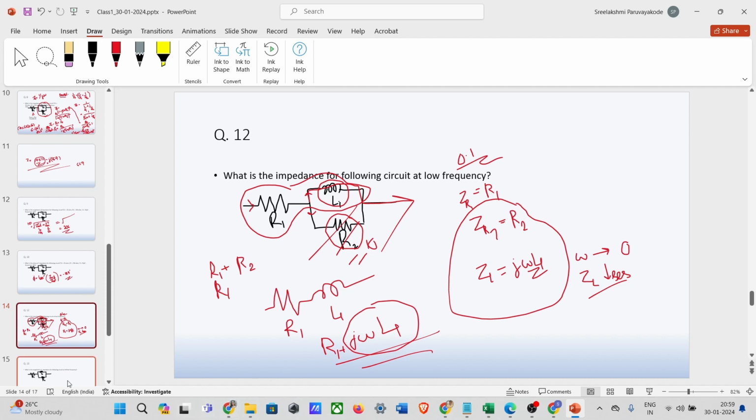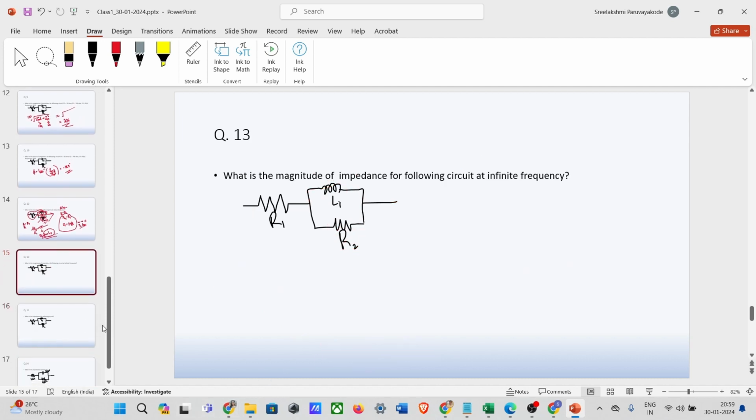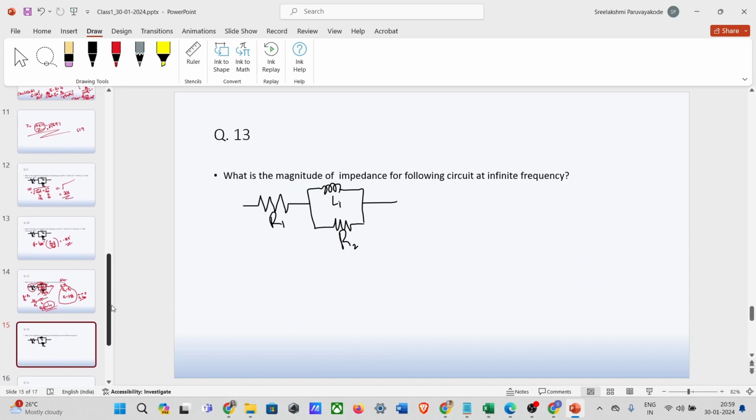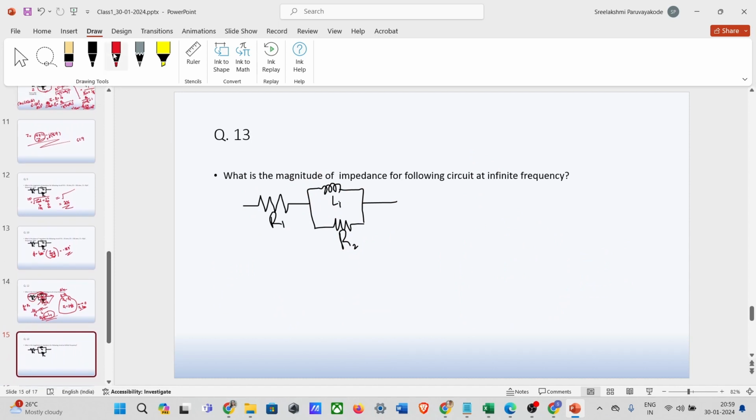Okay. One more question of this kind. At high frequency, how will it be? Anyone can tell? It can work as an open circuit, R1 plus R2.